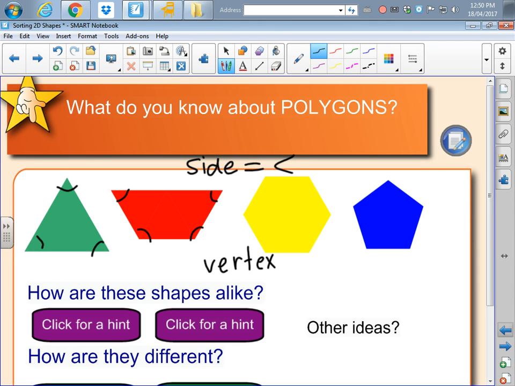A vertex is 1. So one vertex is bigger, this vertex is bigger than that vertex. And when I am talking about all of the vertexes, I have to say vertices. It's plural. So they all have vertices.